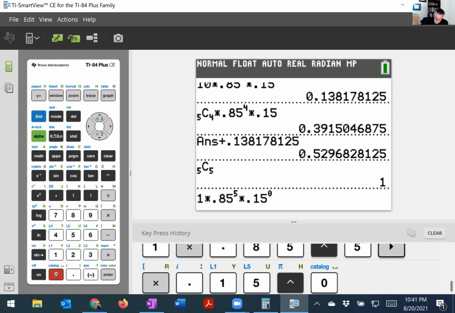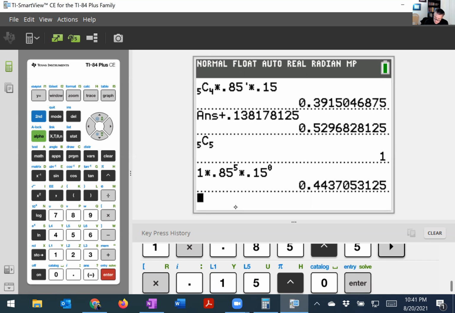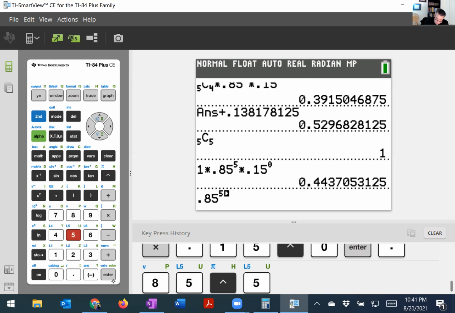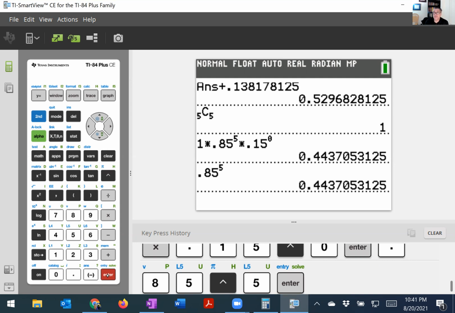So I get this thing to be just 0.85 to the 5th power. And to prove that, I'll go 0.85 raised to the 5th power on itself, and you'll see I get the same result. So 1 was 1, and 0.15 to the 0 is also 1.